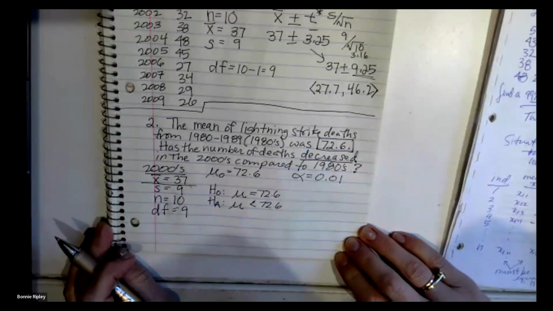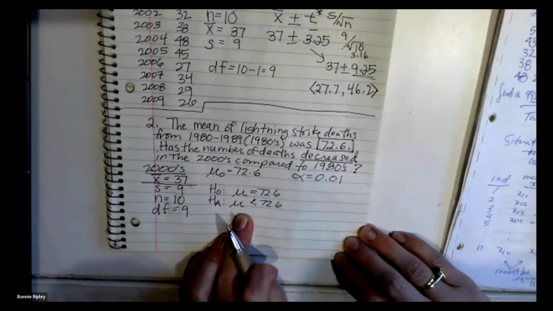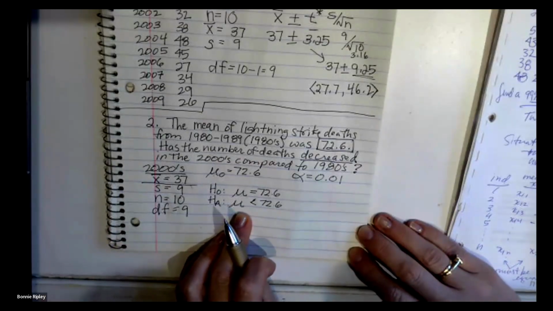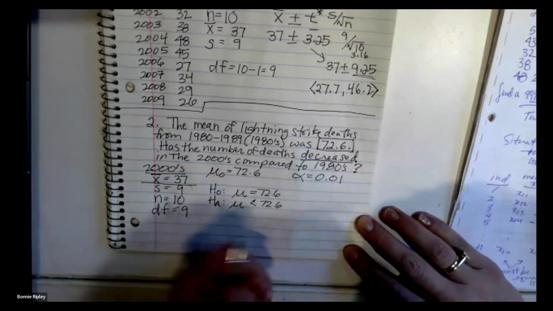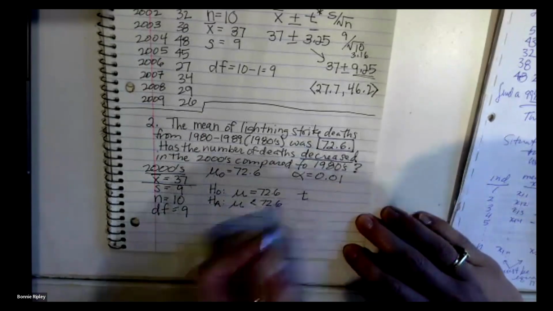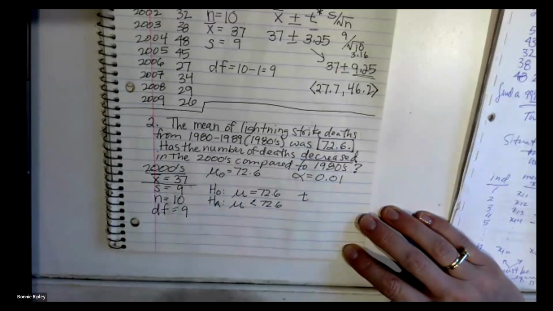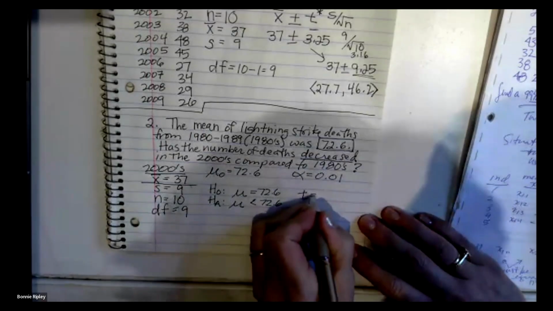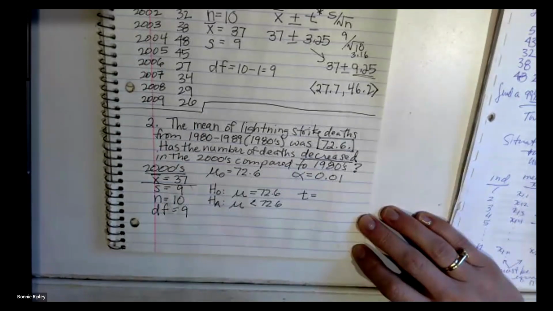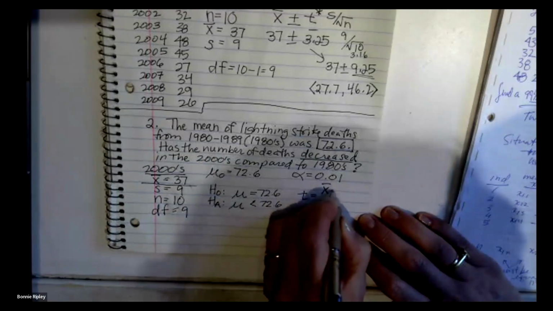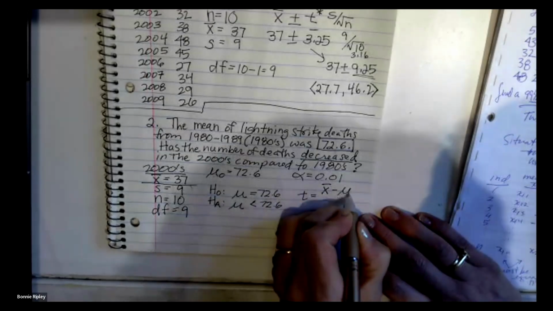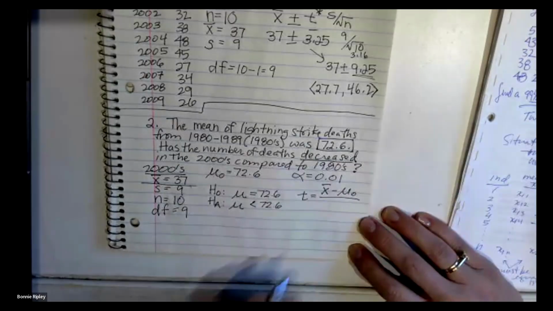All right, in order to evaluate our hypothesis, we first need to find our test statistic. Little t is our test statistic for this test. You want to find on your equation list our one sample t-test equation, which is going to be x bar minus mu 0.